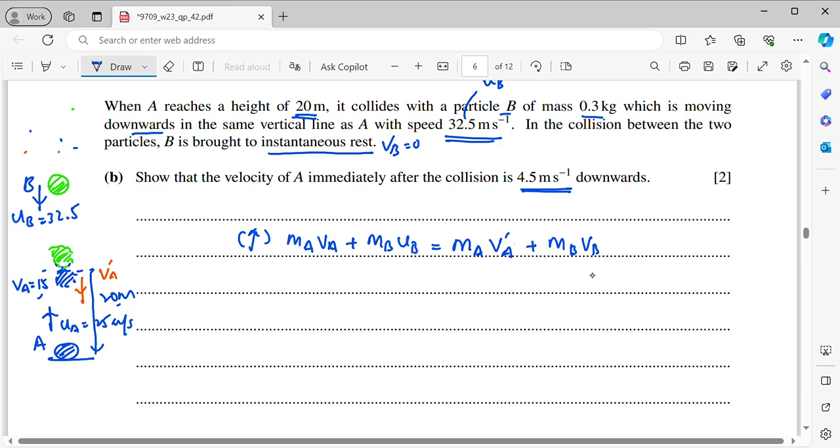It's mentioned that the VB is 0. So here, VB equals 0.